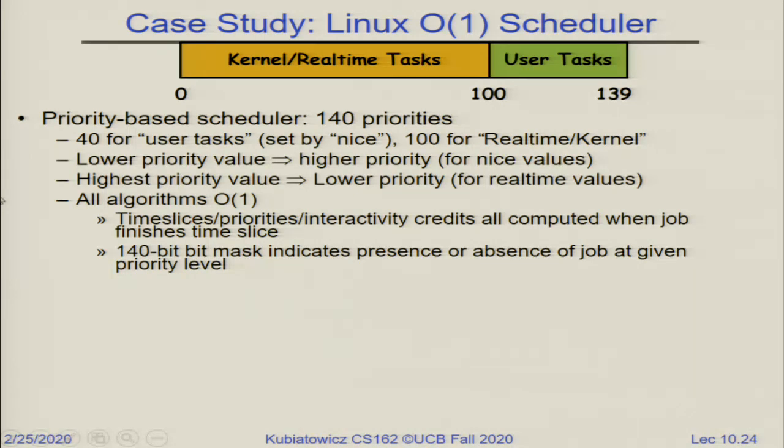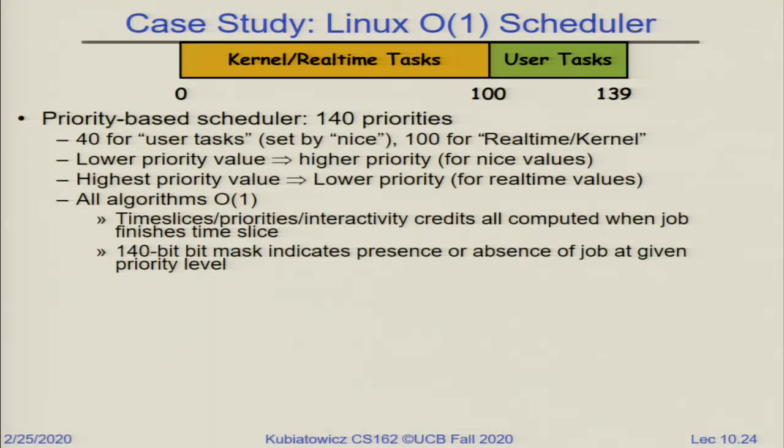There were actually 140 priorities. I've got them labeled from 0 on up to 139. All of the ones between 0 and 99 were called real-time priorities. If you put a task in those priorities, which you as a user, not a superuser, couldn't actually do, you had to be superuser, you got strict priority scheduling out of it.